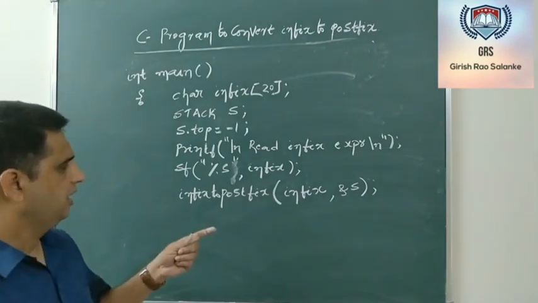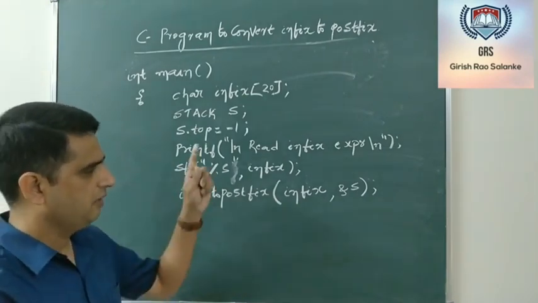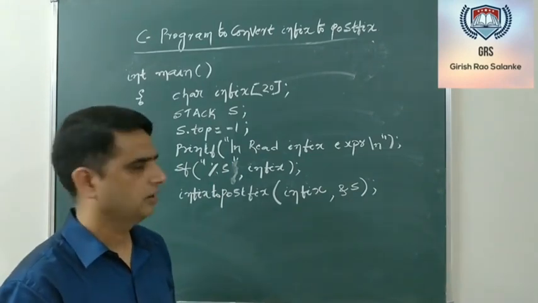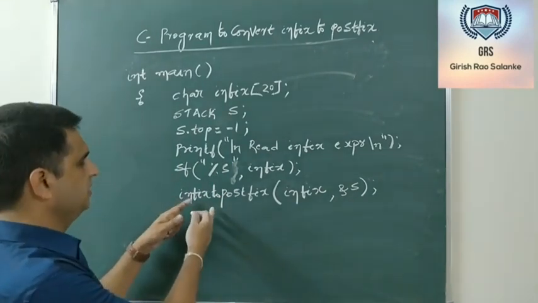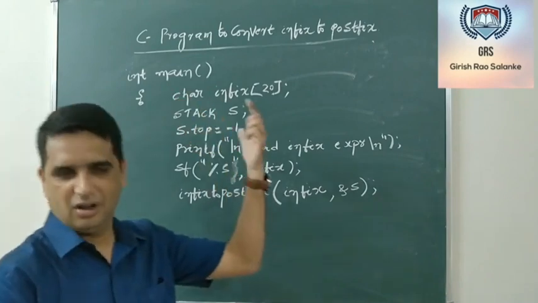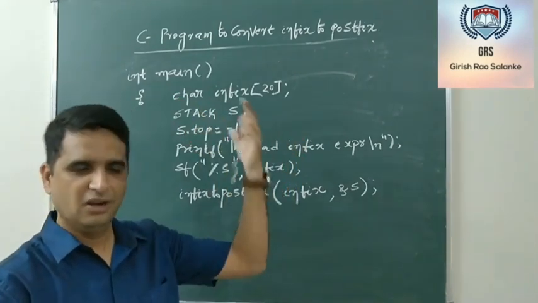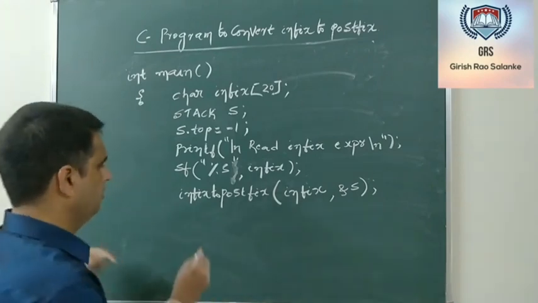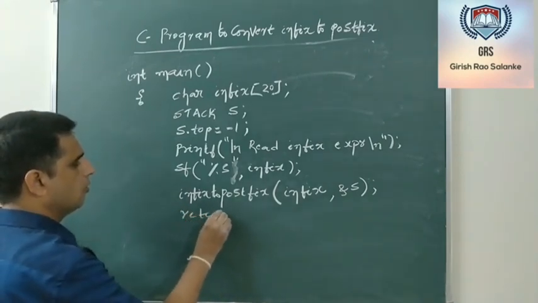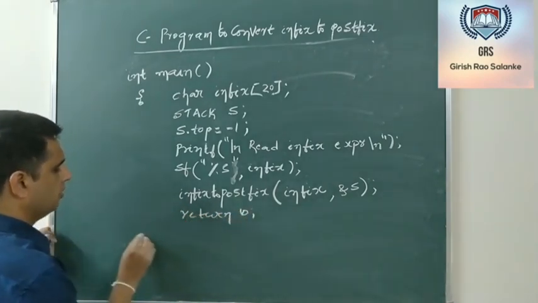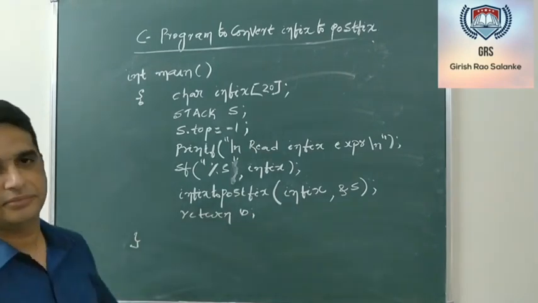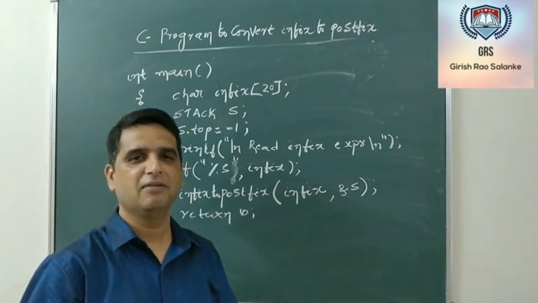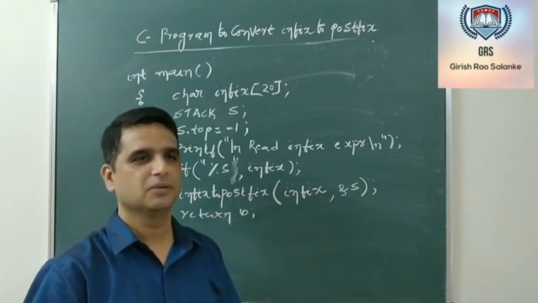While defining the infix to postfix function, we made sure that the second argument was a pointer. This infix to postfix function is going to call the corresponding functions. We do the entire transaction there and we print the postfix expression there only. Return 0. Close your main function. This is about the program, how to convert a given infix expression to postfix.